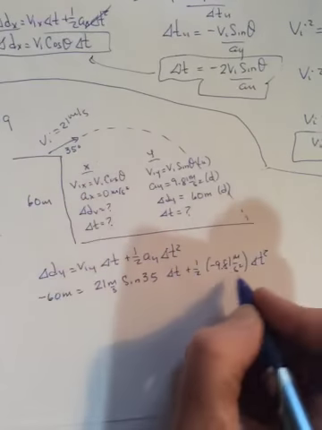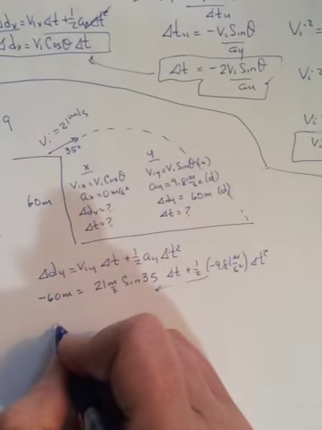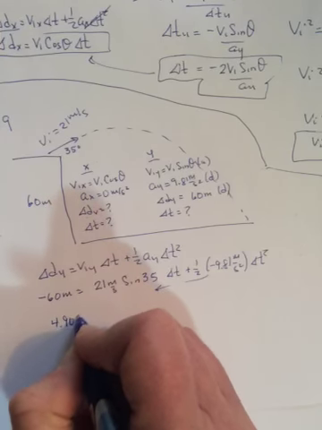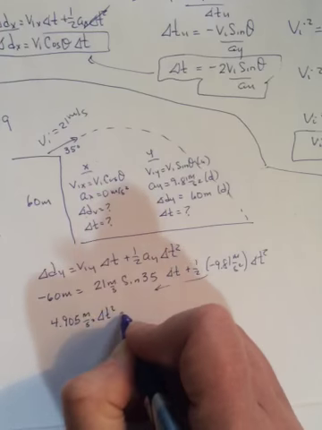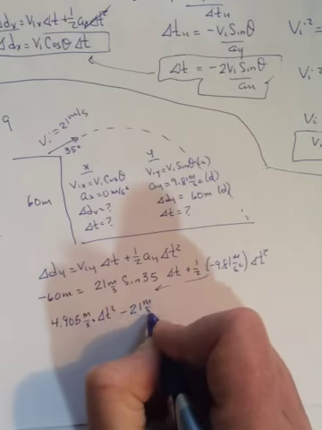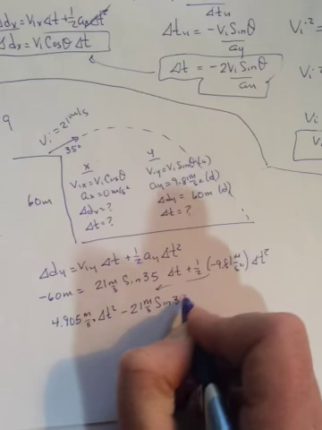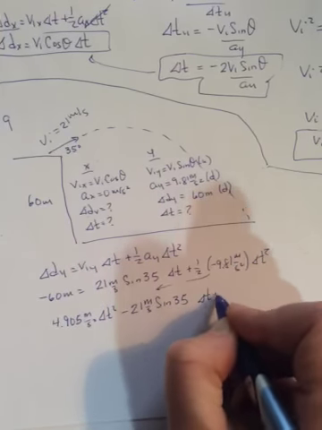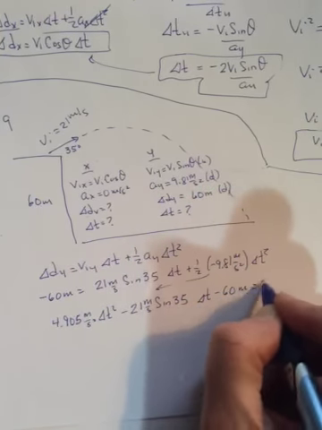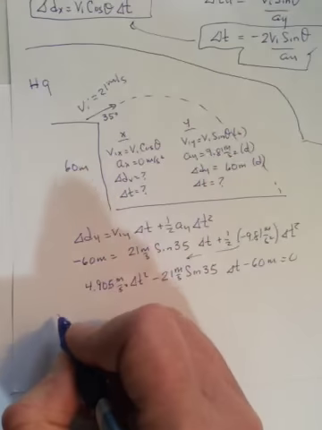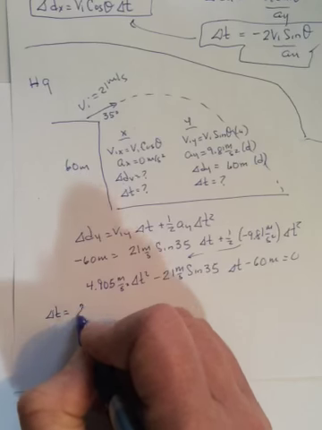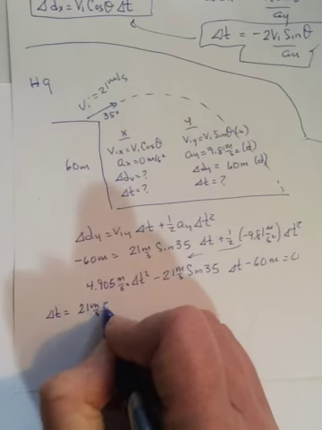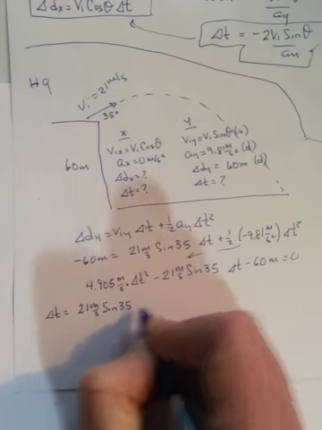Okay, rearranging, bringing these guys over, so we'll have 4.905 meters per second squared delta t squared minus 21 meters per second sine of 35 delta t minus 60 meters equals 0.